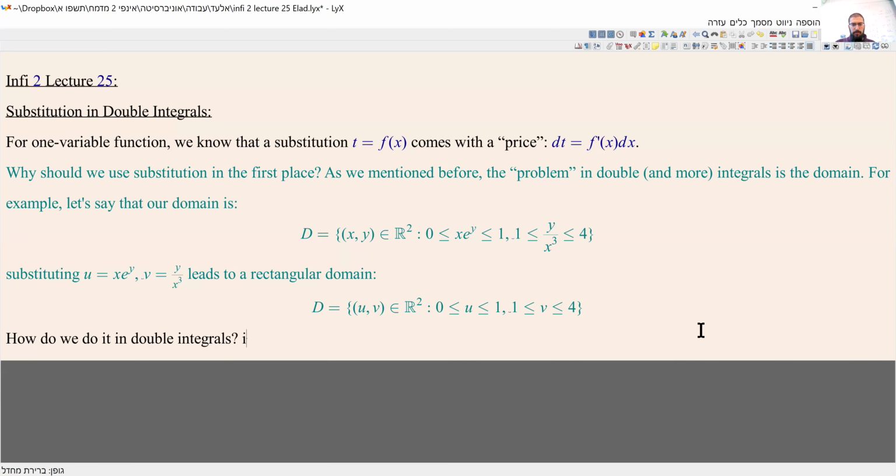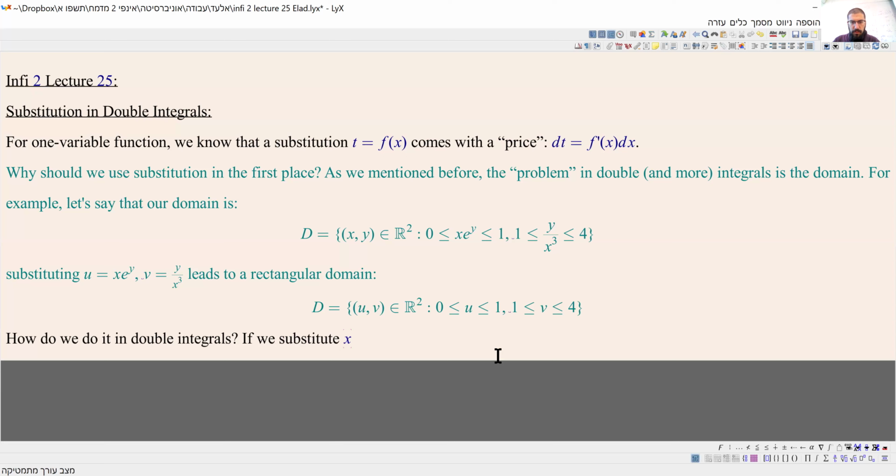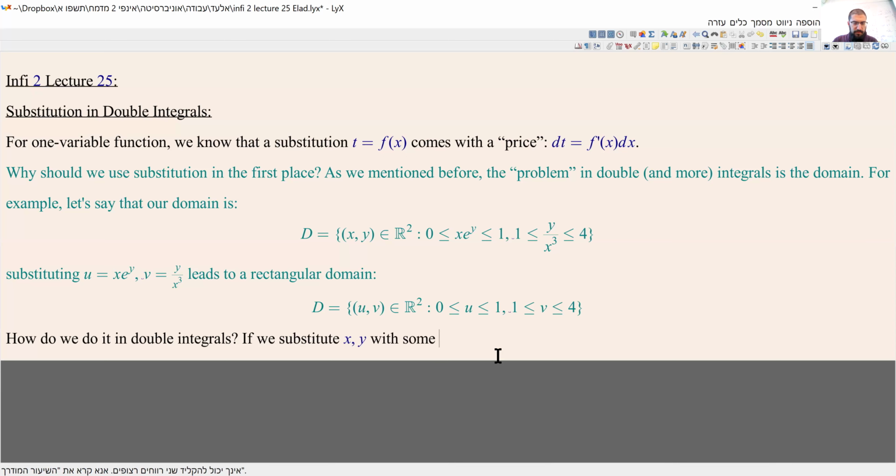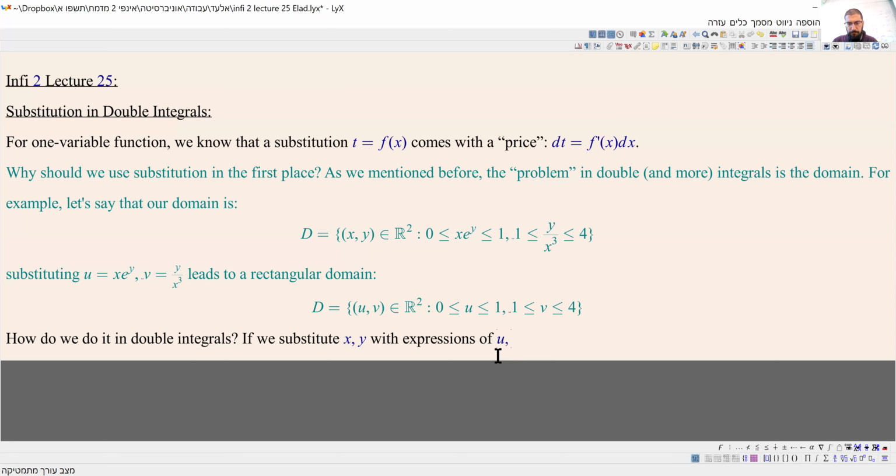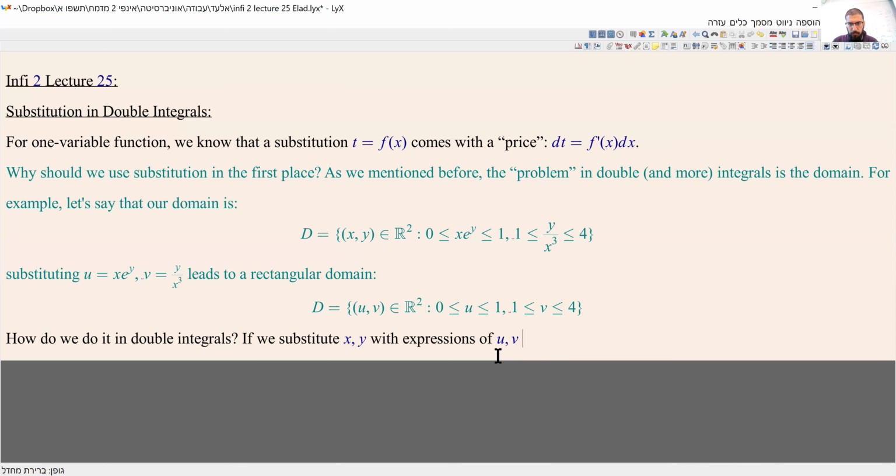Meaning that if we substitute x, y with expressions of new variables u and v, how do we go from dx dy to du dv?